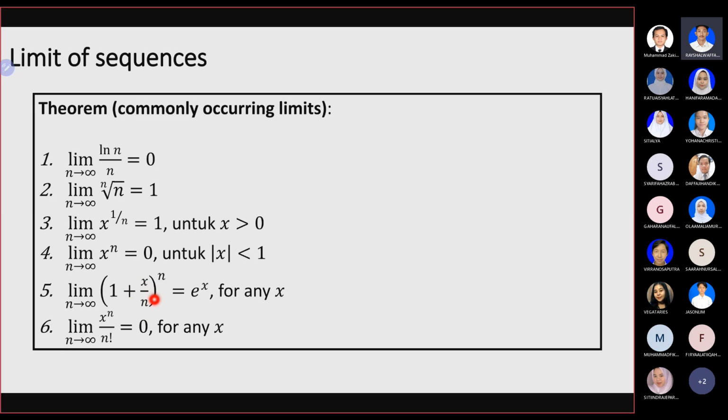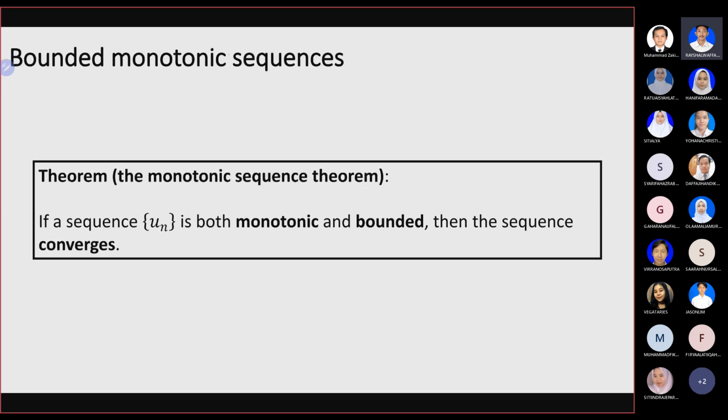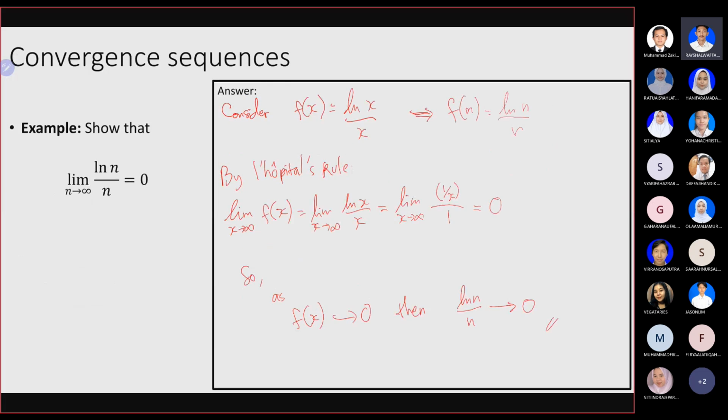Berarti langsung aja ya, Sir? Iya, betul. Di sini tadi kita punyanya adalah 1 min 2 per n, x per n pangkat n. Di sini jadinya e pangkat x. Berarti kalau 1 min 2 per n, x-nya adalah min 2. Makanya jadi e pangkat min 2 tadi. Oke. Thank you, Sir. Sorry for my negligence.